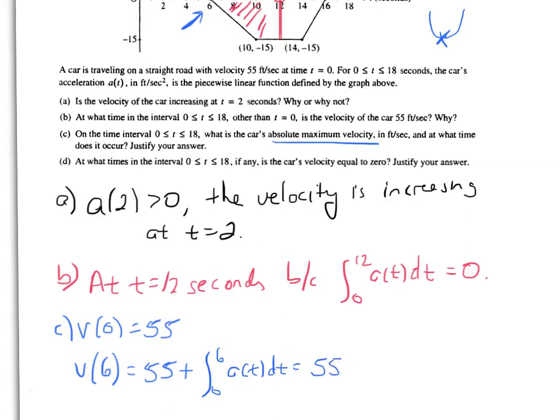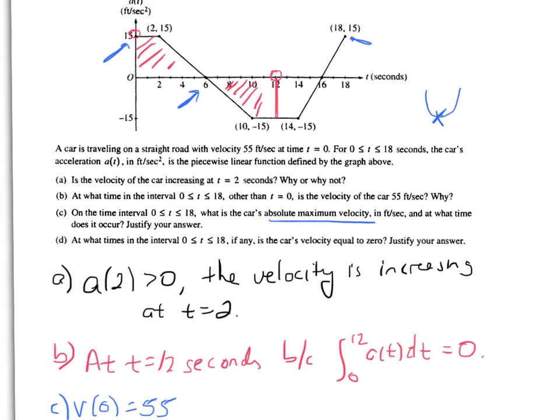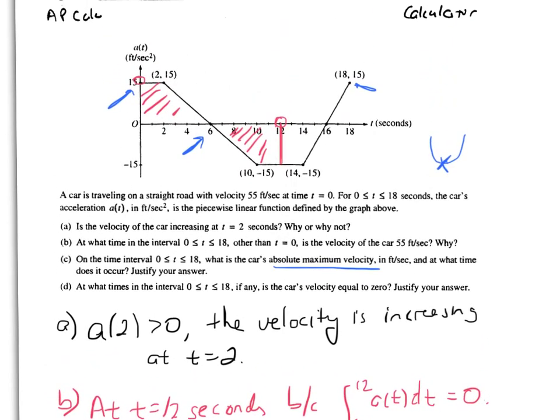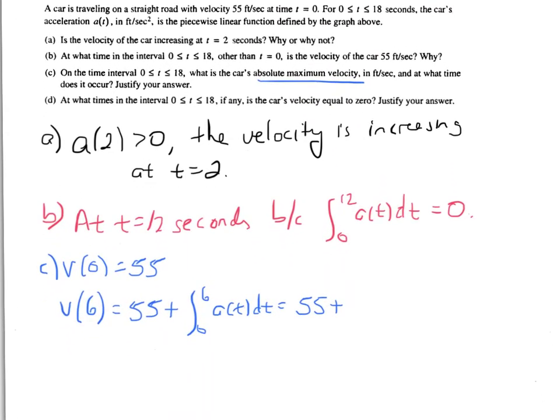So that's 55 plus, let's see, we've got a trapezoid, a base of 6, a base of 2, and a height of 15. So 1/2 times the bases 6 and 2, times the height of 15.